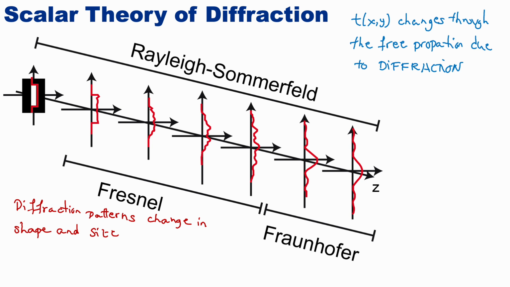So in particular here, our transmittance is gonna be convolved with the impulse response of the free propagation that we're gonna derive. We're gonna derive in this class the Rayleigh-Sommerfeld, and then we're gonna do the one for the Fresnel in the next class. Where now this distance c is gonna be the distance between the input and the output.